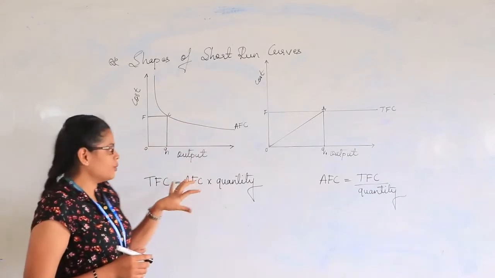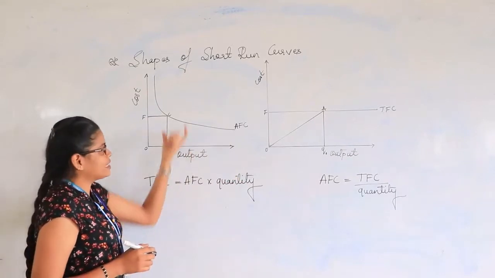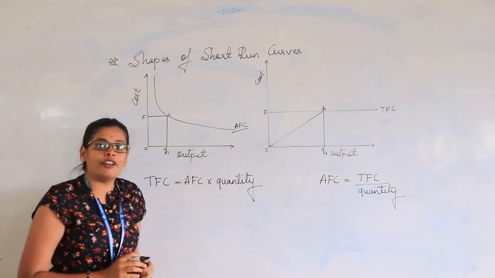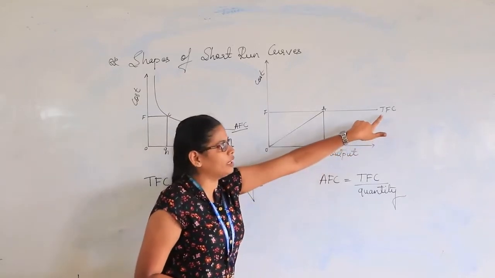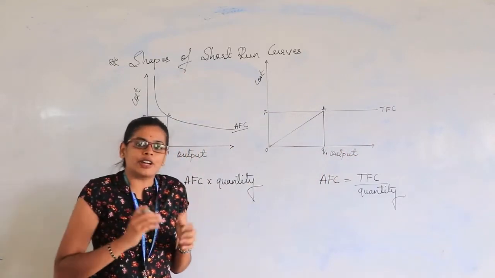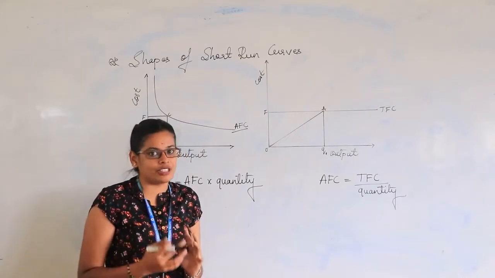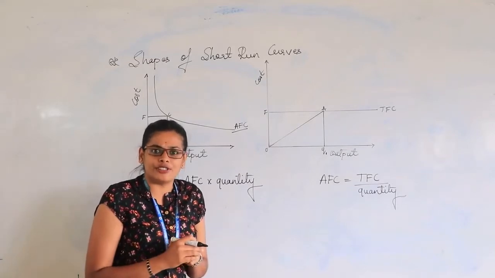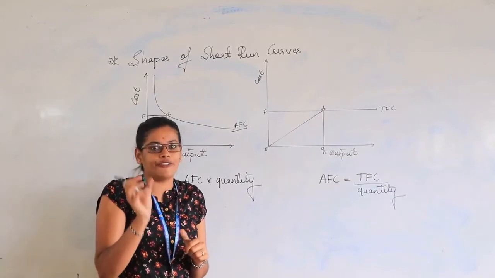Here are two graphs. This one is talking about the average fixed cost, and this one is talking about the total fixed cost. First we have to understand what the average fixed cost is. The name itself tells us it is the average of the fixed cost.